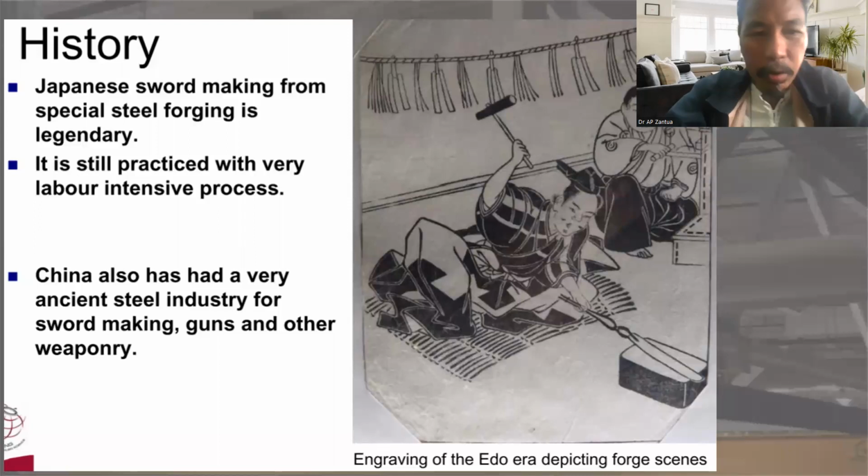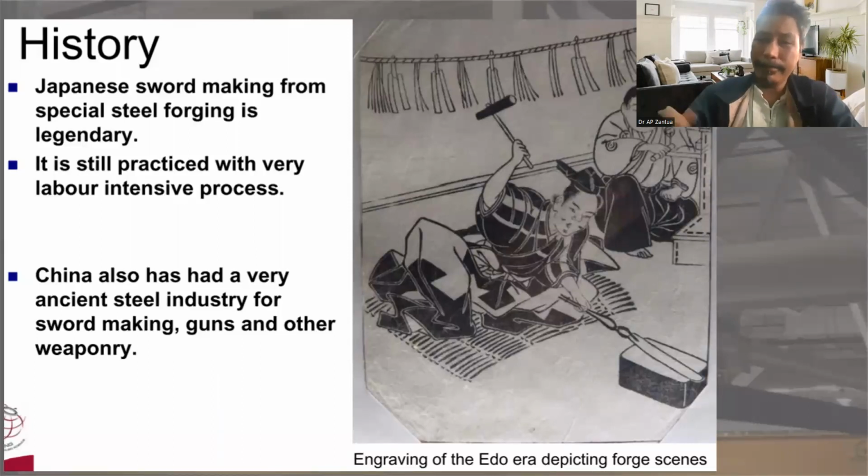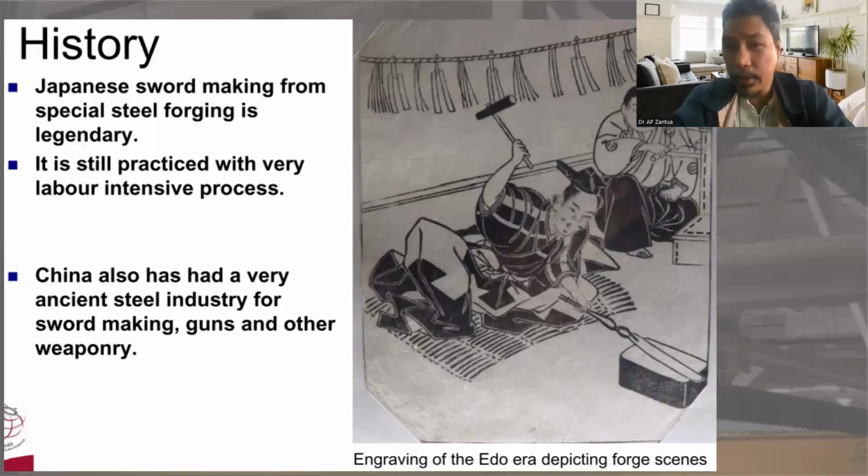China also has had a very ancient steel industry for sword making, guns, and other weaponry, because Japan and China are among the oldest civilizations. They were preparing to protect themselves from external enemies, and they also wanted to control other areas, other nations.